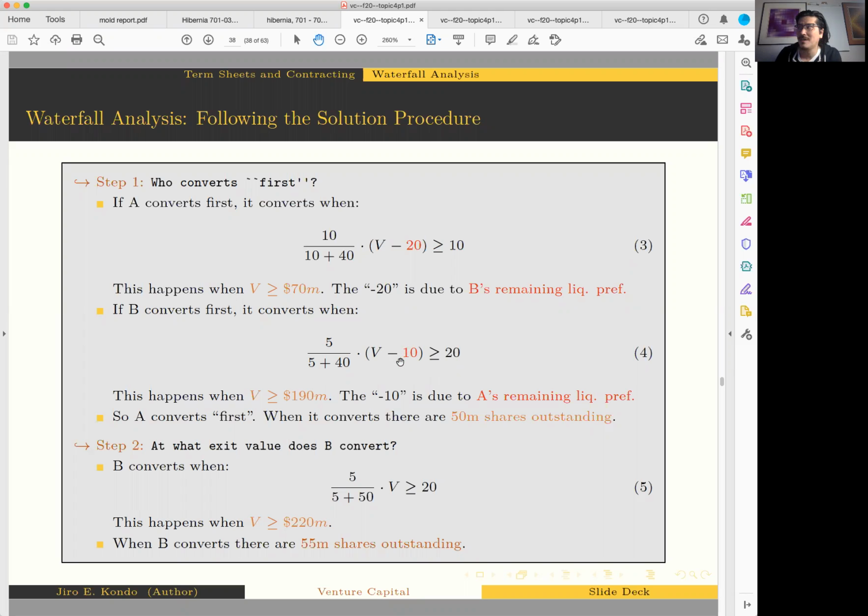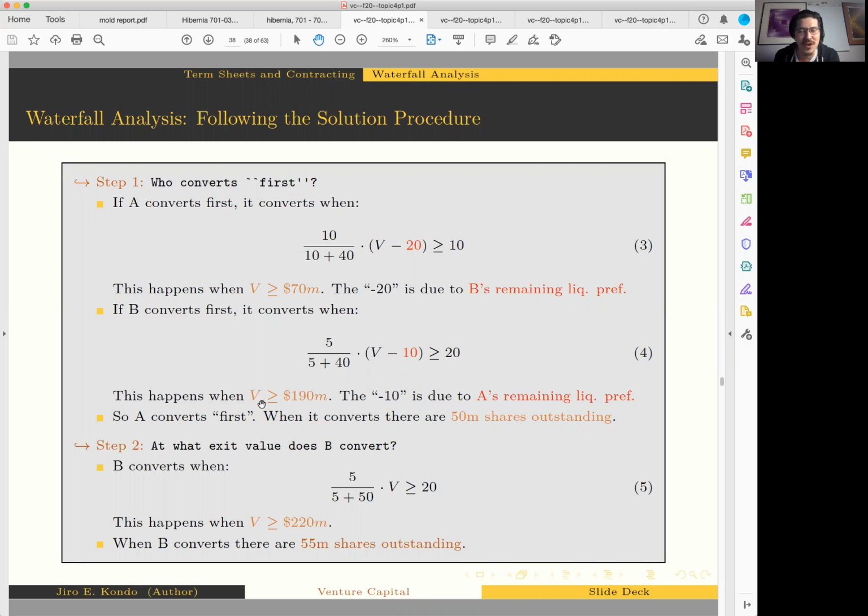Because now A has not converted, they get the first 10, and they have a liquidation preference of 10. Make sense? And that needs to be higher than the 20 that they can just take. So 1/9, so multiply by 9 on both sides, 180. Bring the 10 to the other side, 190. So if B converts first, they convert at 190 million.